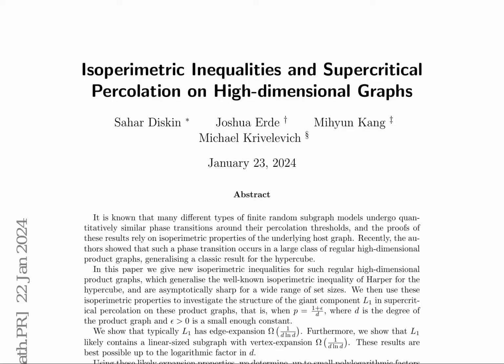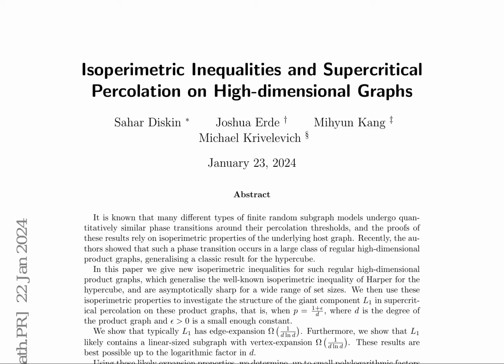This theorem recovers the asymptotic result of Tillich and relates to the work of Lev on abelian Cayley graphs, and is known to be asymptotically tight for many types of product graphs, including Hamming graphs and d-dimensional torus graphs. These new isoperimetric inequalities are then used to derive likely expansion properties of the giant component after percolation in a high-dimensional product graph with regular and bounded order base graphs.